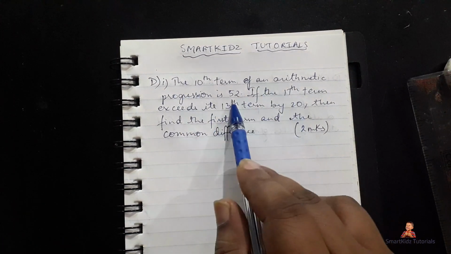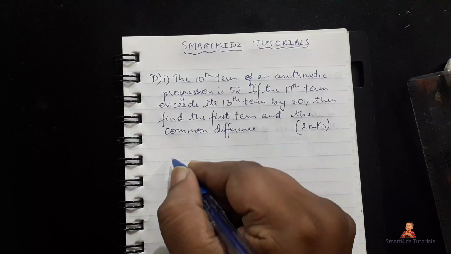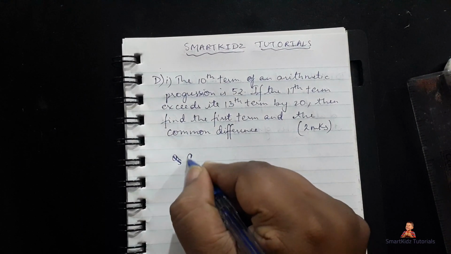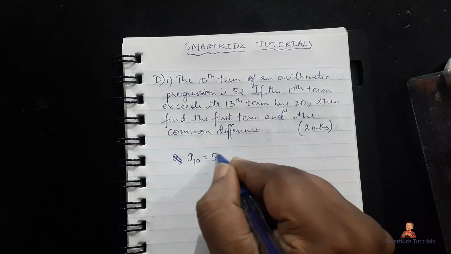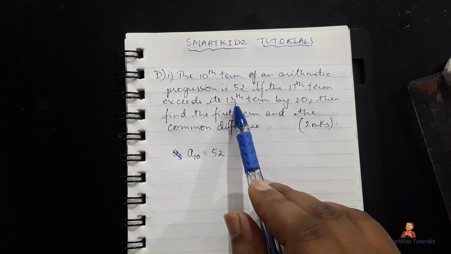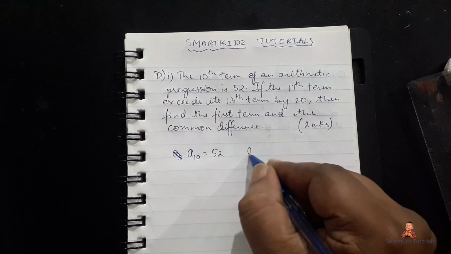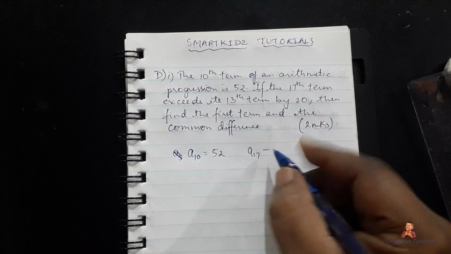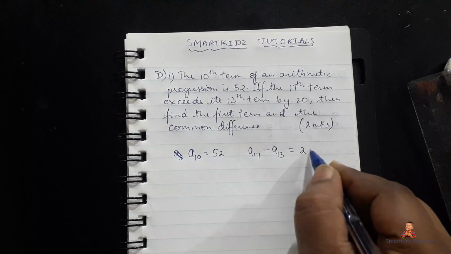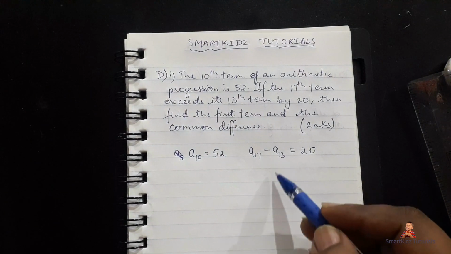We are given the 10th term is 52, that means A10 is equal to 52. At the same time, we are also given that the 17th term, that is A17, exceeds, that means is greater than A13 by 20. So let's solve this further.